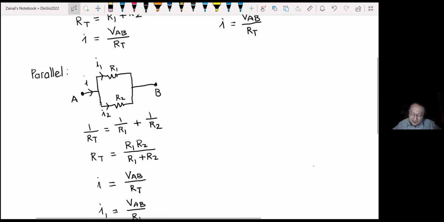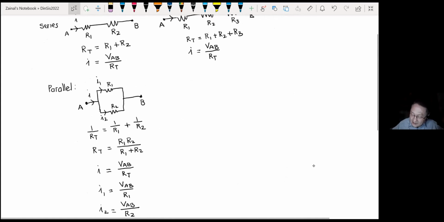Now, what if you have three resistances connected in parallel?